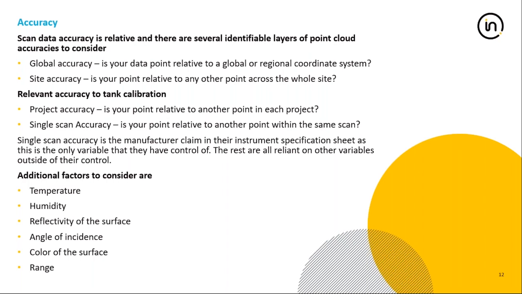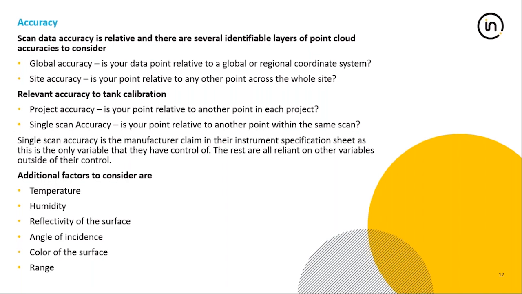Let's say reflectivity of the surface, because that's maybe going to create reflections of the laser in several points, and that's going to maybe create noise in your measurement. The angle of incidence, because that has to do with refraction and reflection of the light in the surface.